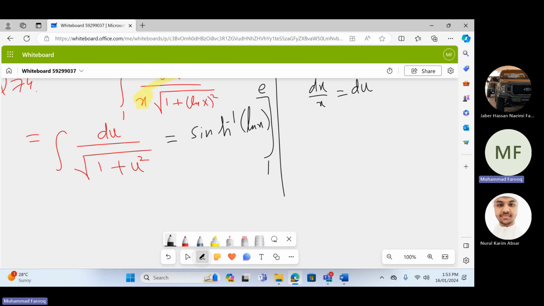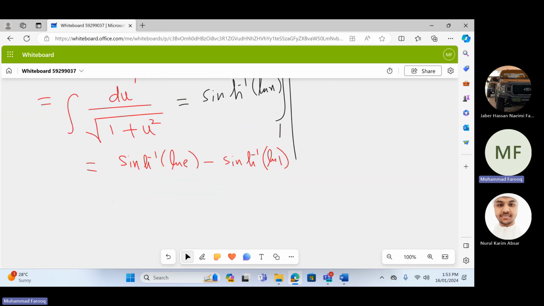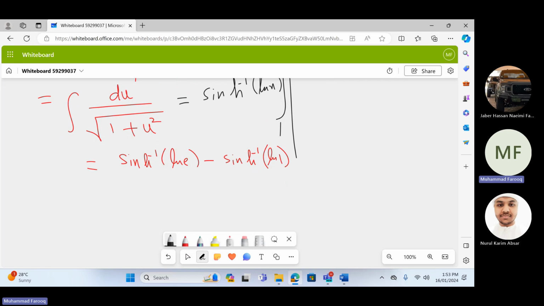Now substitute the upper limit in the answer and minus the lower limit in the answer. So sine inverse hyperbolic, my upper limit is e, and minus sine inverse hyperbolic, I have ln 1 because 1 is my lower limit. So ln e, how much? 1.